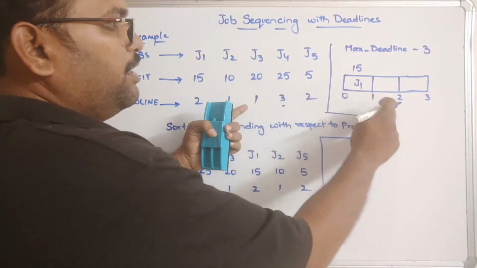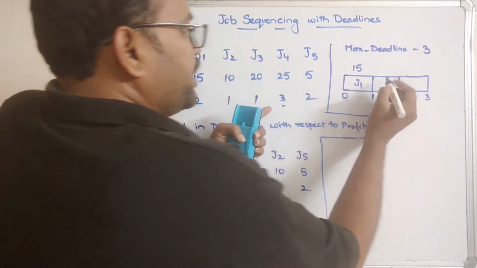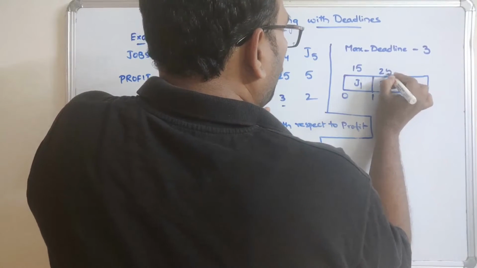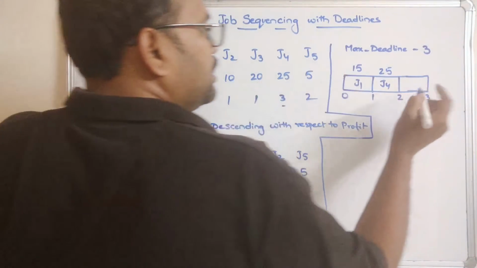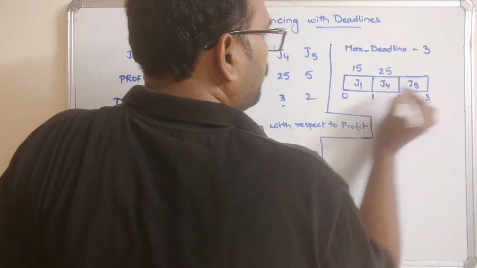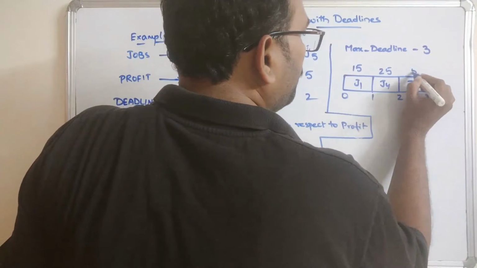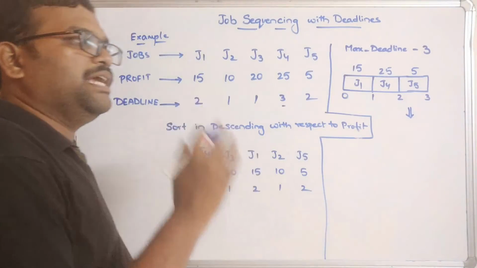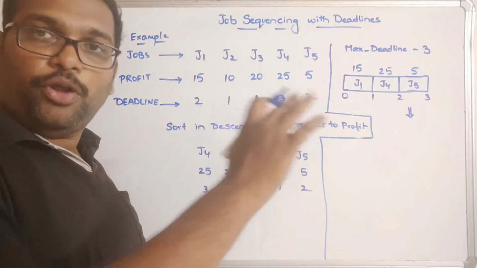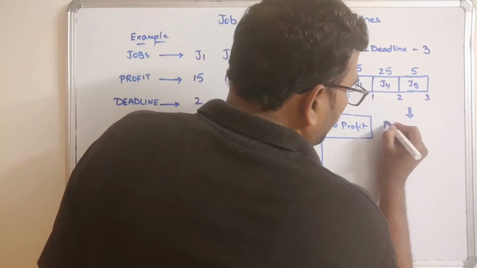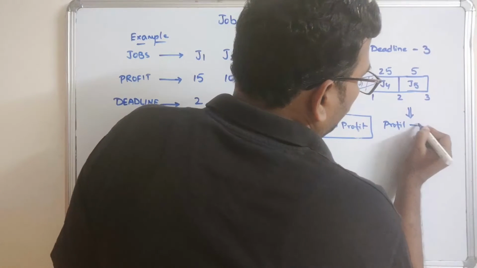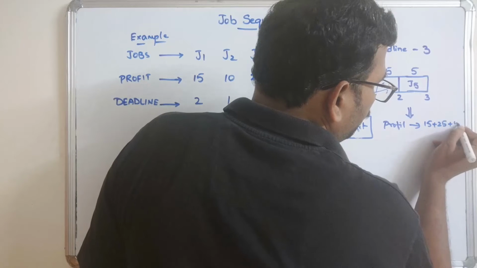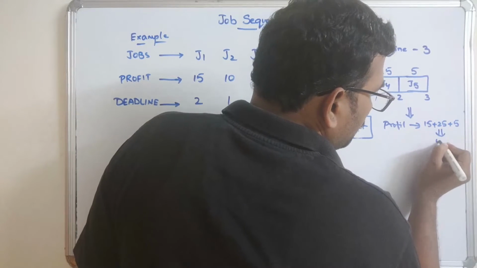So J3 was also not completed. Next we can go with J4 with a 25 profit and J5 with a 5 profit. So you can complete J1, J4, J5, the 3 processes with a profit of 15 plus 25 plus 5, which is nothing but 45.